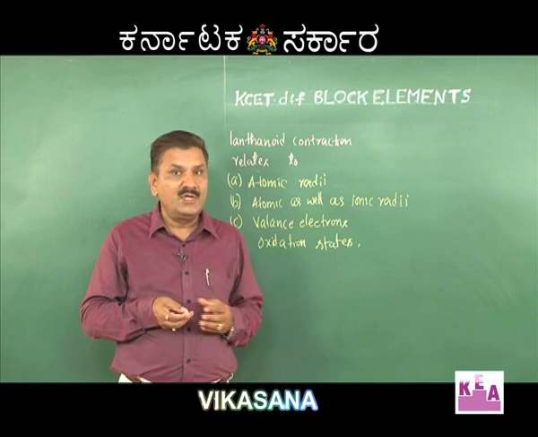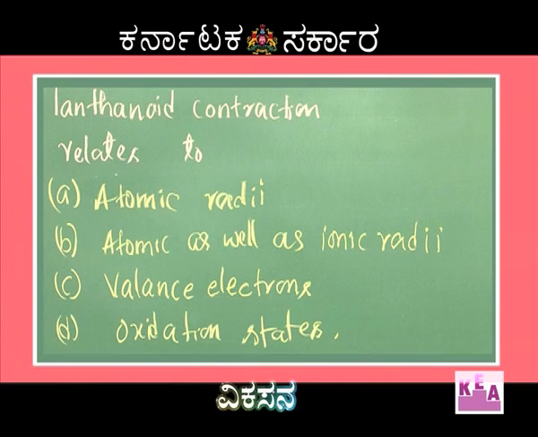So related to this, we have a question like this. Lanthanide contraction relates to: A, atomic radii, B, atomic as well as ionic radii, C, valence electrons, D, oxidation states.